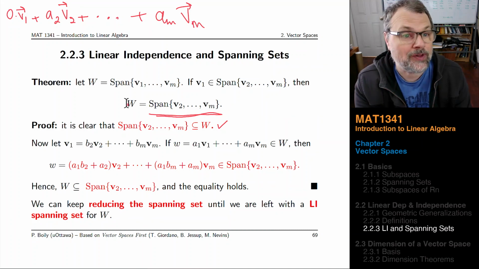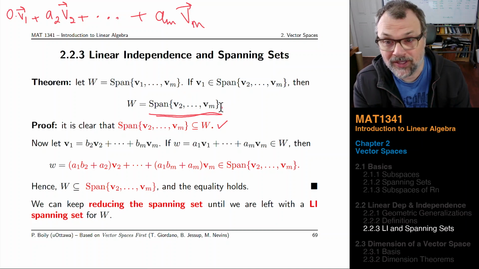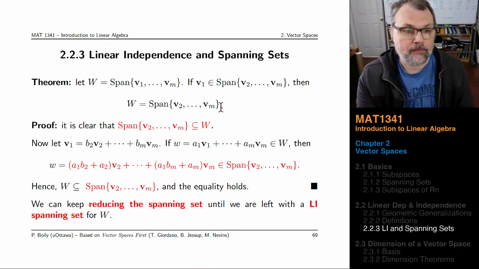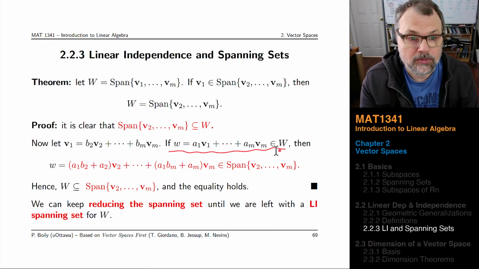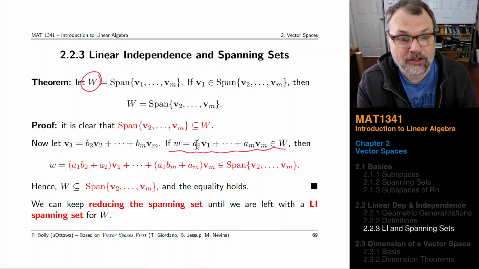Now, in order to show that W is the full span, what remains to be shown is that if we have something in W, we can write it as something in the span of v2 to vm. So, okay, let's assume we have something in W. And in W, as by this definition here, it's a linear combination of the m vectors. No problem.